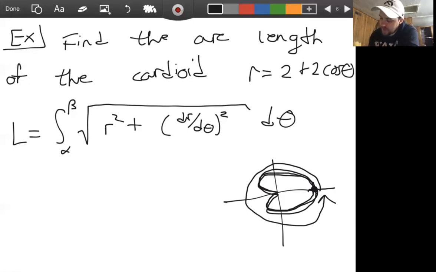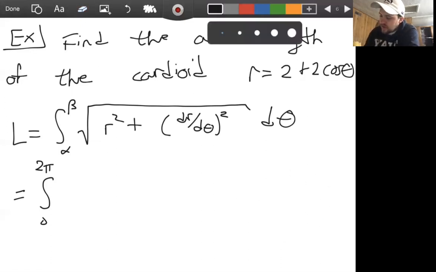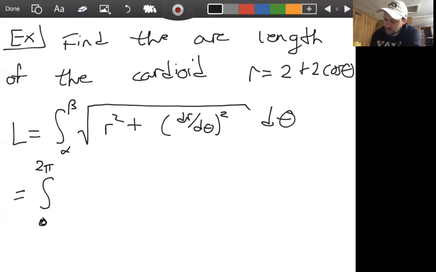Because of that, our bounds are just 0 to 2 pi. That's how we can choose the bounds here, by thinking about what a cardioid actually does. A cardioid is traced out exactly once as you complete 2 pi radians. And now we just need to compute.